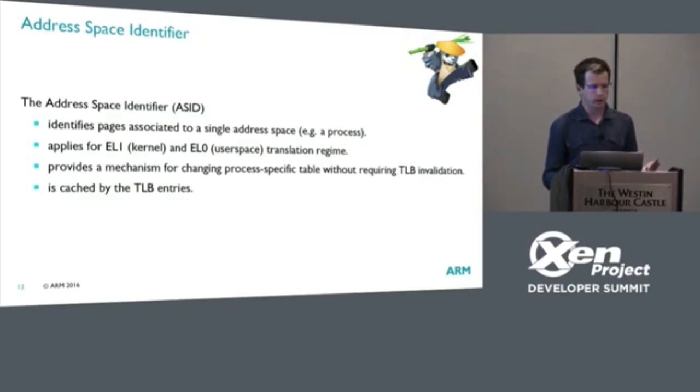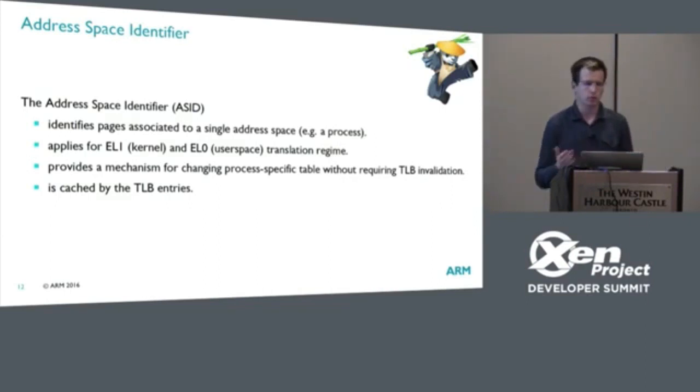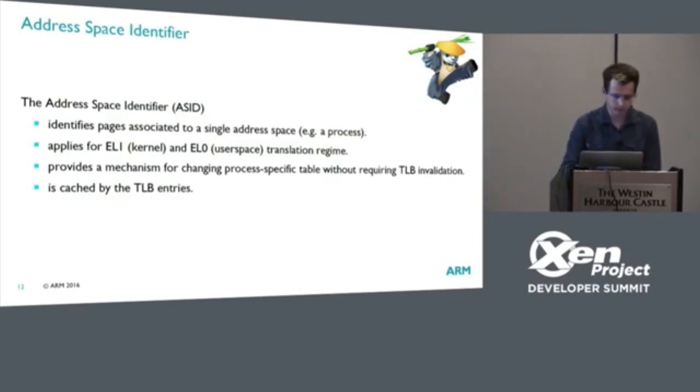It always applies to EL1, the kernel, and EL0. It also allows changing between different process tables without having to do a TLB invalidation, because the TLB contains the address space identifier. Each entry will have the address space identifier on the associated page.